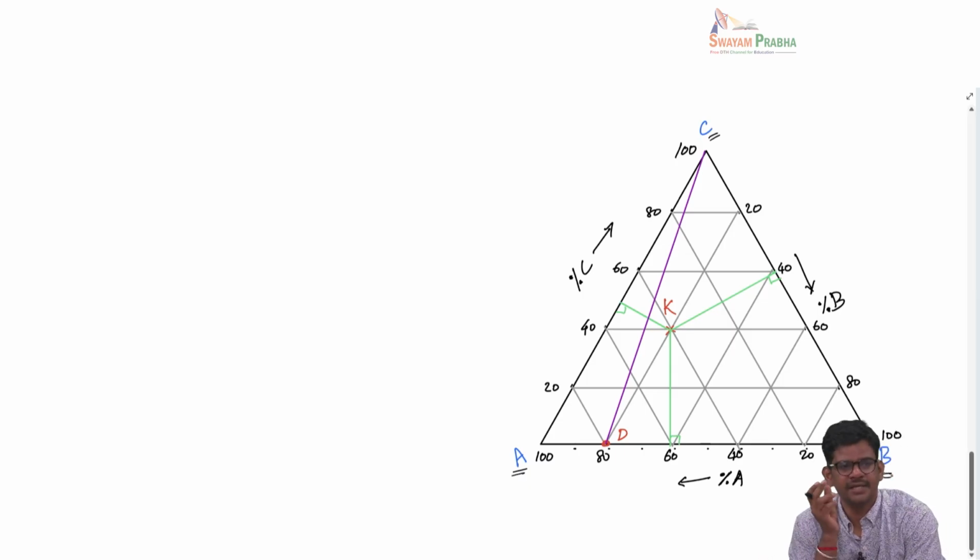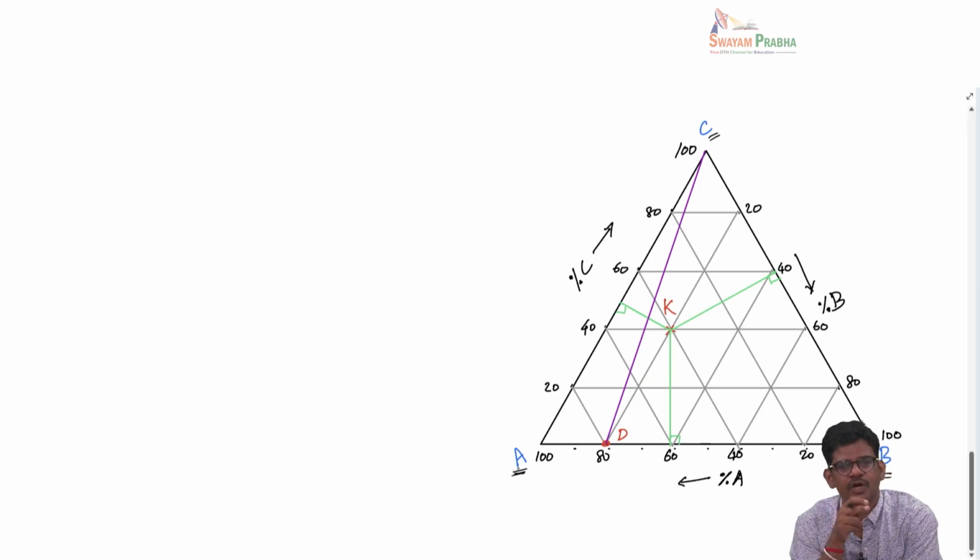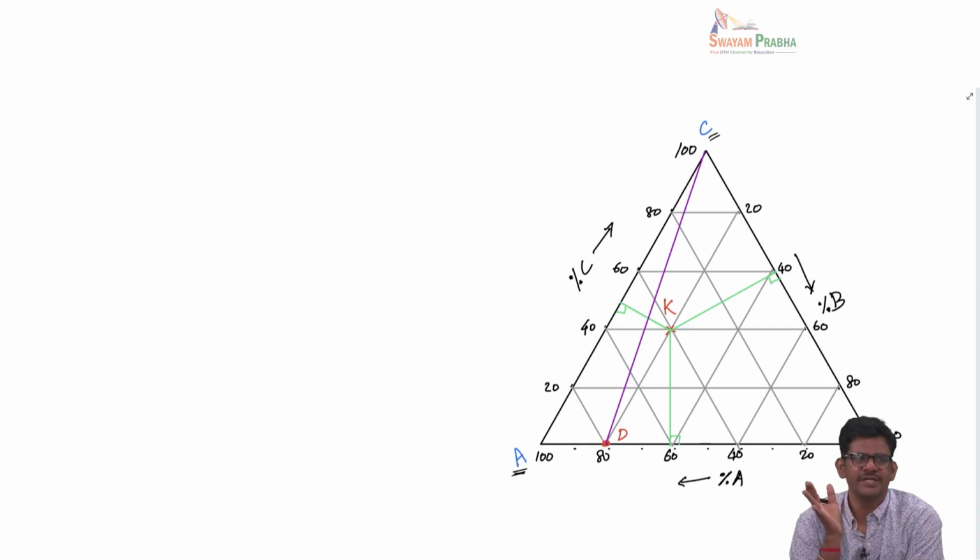I already said component C is the solute, component A is the solvent of the original solution, and component B is the foreign substance that is added as a solvent, such that A and B are insoluble. But before we talk about solubility in two-phase, imagine that in this case, let's say all A, B, C in all compositions form a single phase. Okay, we are talking about an example here. Later on, I'll talk about a two-phase system.